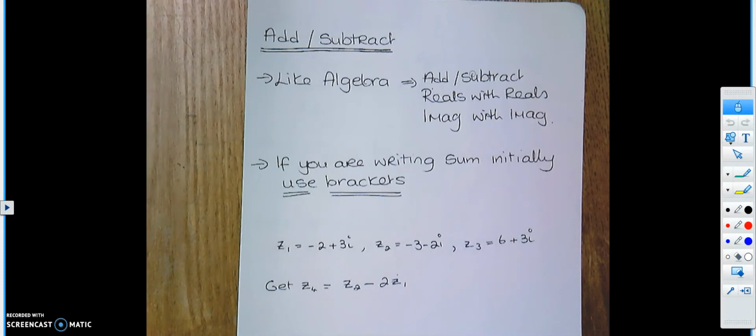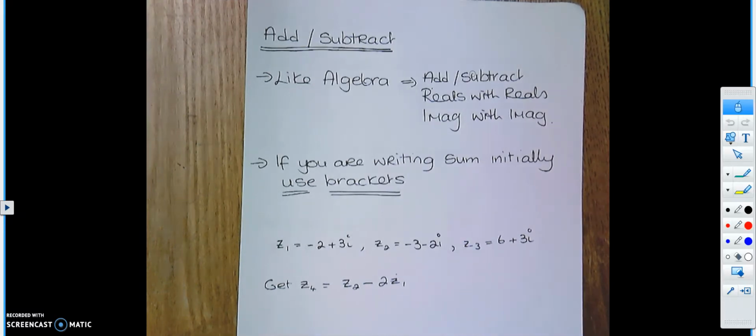If the sum gave you different parts as Z1, Z2, and Z3, when you are writing it out, make sure you use brackets. The reason you have to use brackets is normally the sum will have a minus sign in it, and your minus will carry across the bracket.